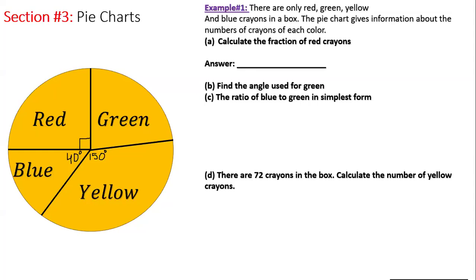Find the angle used for green. The ratio of blue to green in the simplest form. There are 72 crayons in the box. Calculate the number of yellow crayons. Very good.